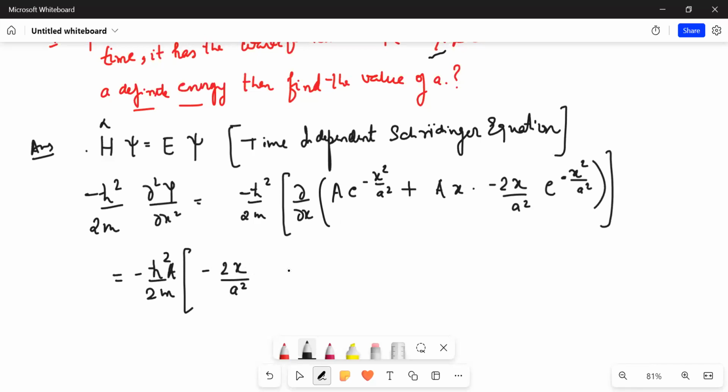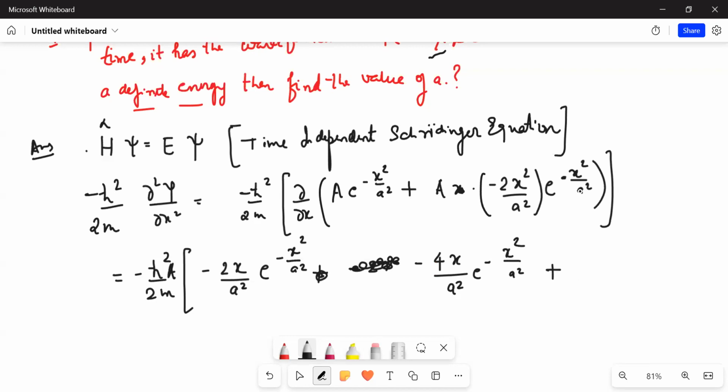So this will be minus 2x upon a squared e raised to power minus x squared upon a squared plus again... Okay. So this will be equivalent to writing minus 4x upon a squared e raised to power minus x squared upon a squared and then plus this again minus 2x upon a squared.